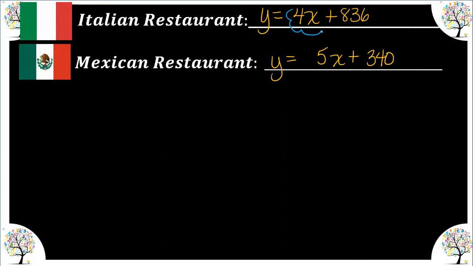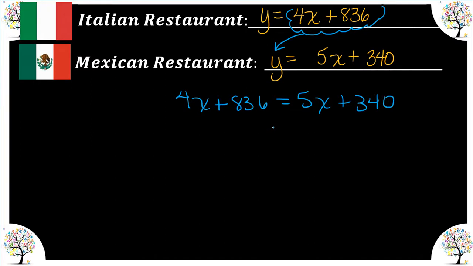So I'm going to substitute in what y equals here into the y for the Mexican restaurant. So we have 4x plus 836 is equal to 5x plus 340. I have variables on both sides. I'm going to subtract out the 4x so I have positive coefficients.